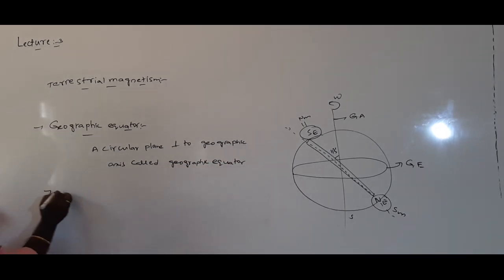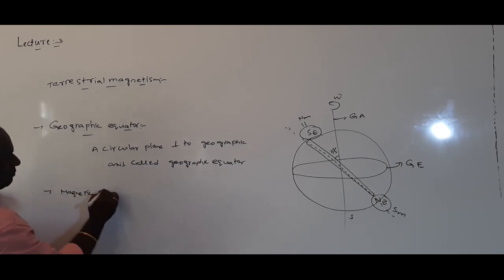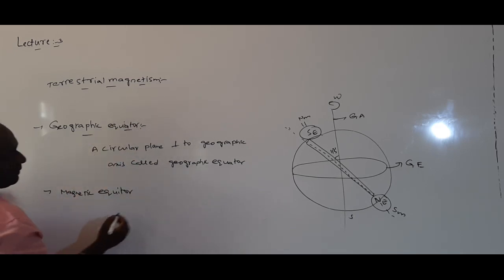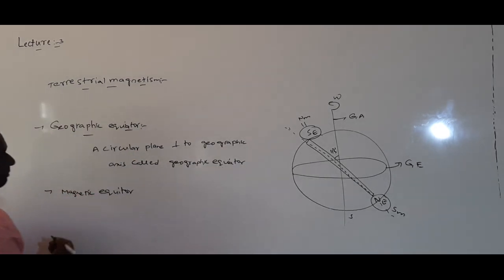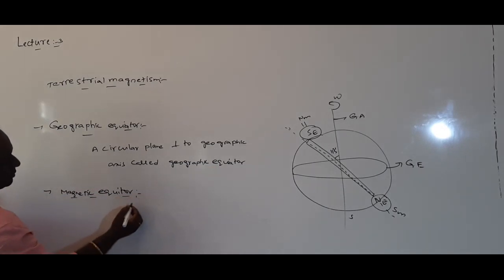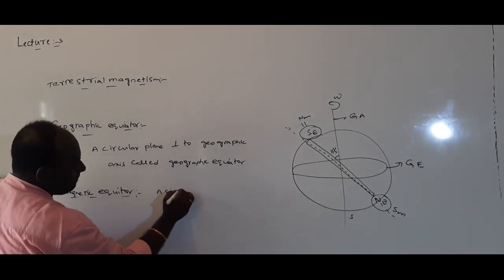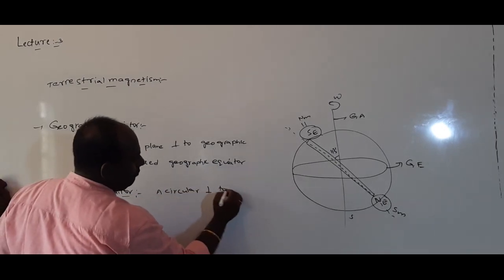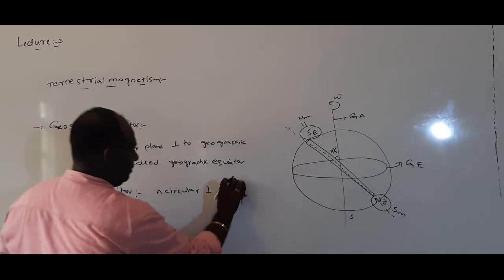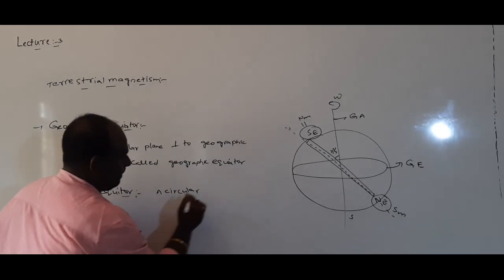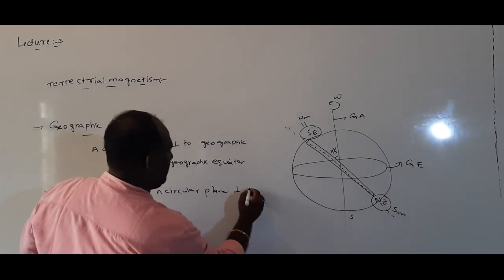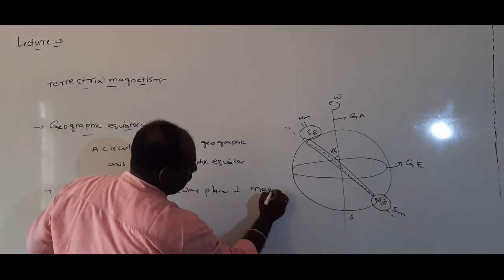In the same manner, magnetic equator: a circular plane perpendicular to the magnetic axis.